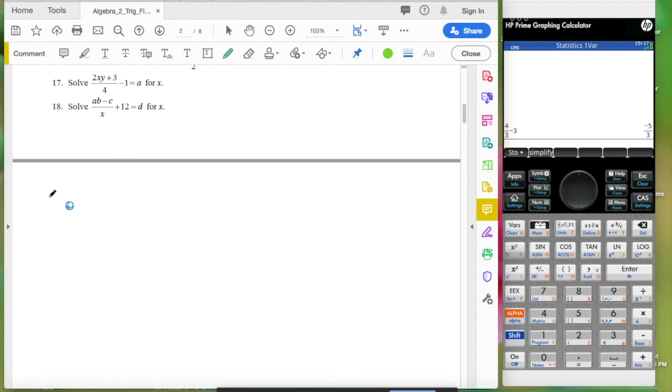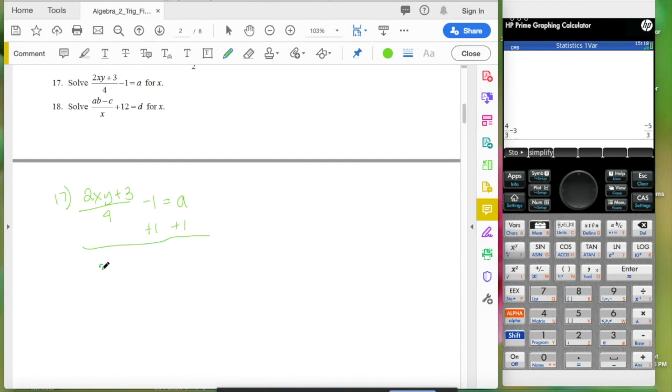So for 17, we have 2xy plus 3 over 4 minus 1 equals a. So basically you just want to do your operations that you know and love to just move everyone over to the other side. Okay, so first thing that we can do is we can add 1 to both sides.